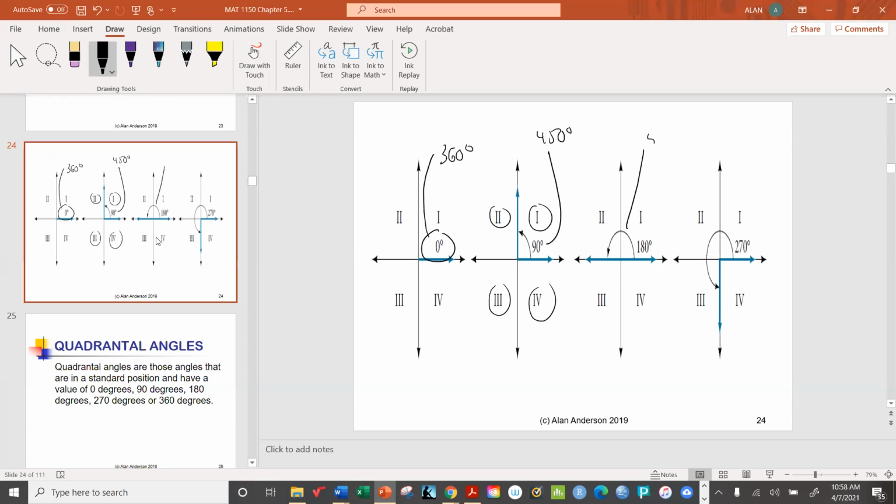And that means that this one is equal to 540, because it means you've gone through the whole circle once plus two more quadrants. And then this one is equivalent to 630. So they mean the same thing. So there's multiple ways, as you can see, of expressing each of these angles. It has the potential to be very confusing, but it's important that we understand what these numbers mean.